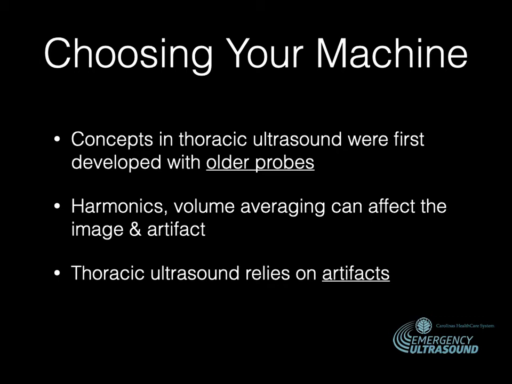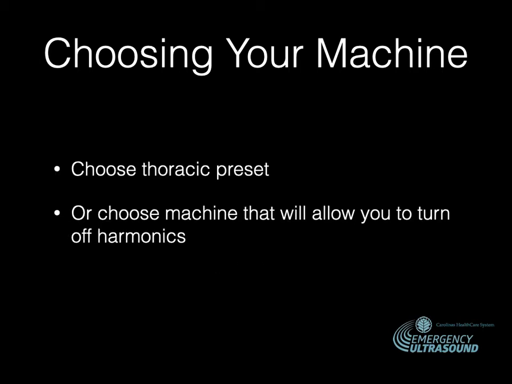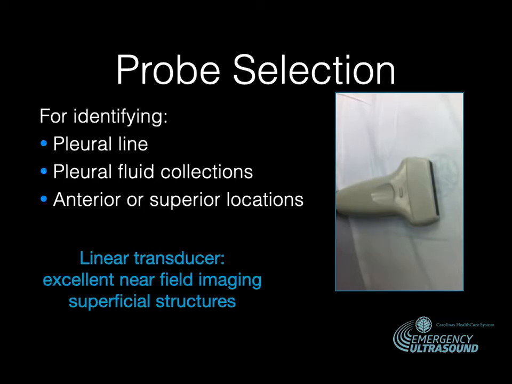So you want to make sure that you are turning off your harmonics and your volume averaging, or if you're looking at an ultrasound machine, choose a preset that is designed for lung imaging. Oftentimes on ultrasound machines, you'll have a thoracic preset. So choose your thoracic preset, and that will give you optimum viewing for lung imaging.